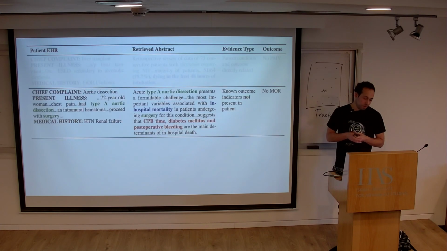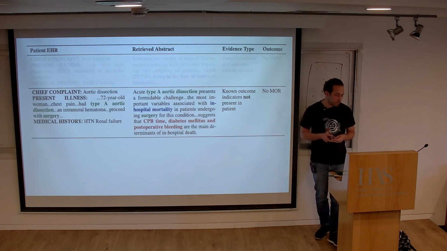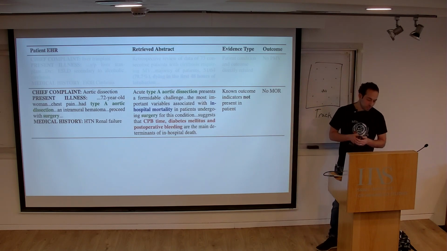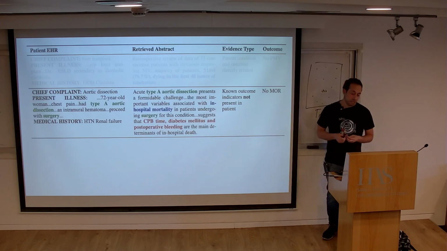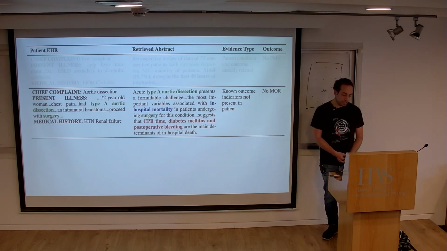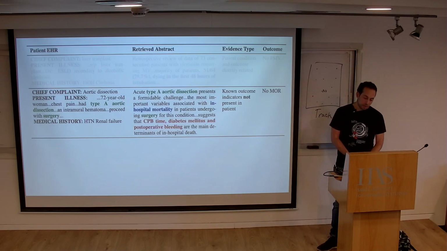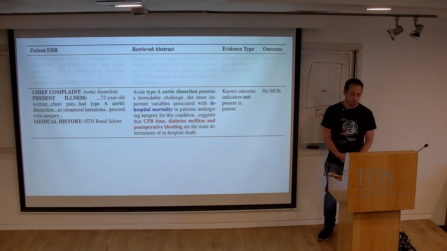Second example, we have a patient with type A aortic dissection, and they underwent surgery. And then we find a paper that tells us that with type A aortic dissections, for patients that undergo surgery, when you look at in-hospital mortality, there's a list of factors that are particularly predictive of in-hospital mortality.